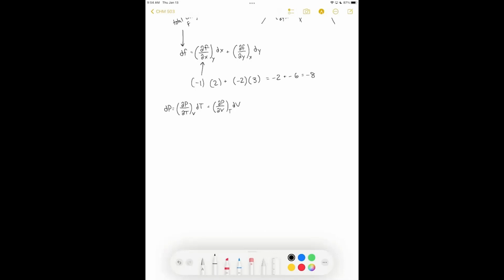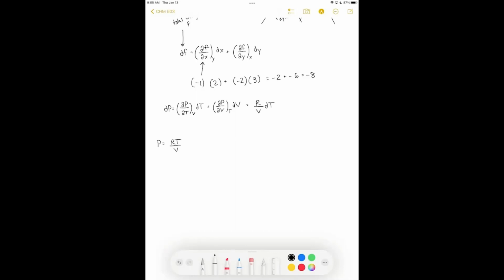For ideal gases, we have an equation for this. So we know that P equals RT over V, again assuming n is equal to 1 mole. So we can evaluate dP dT at constant V. If we took the temperature derivative of this, we simply get R over V, and then we have dT.